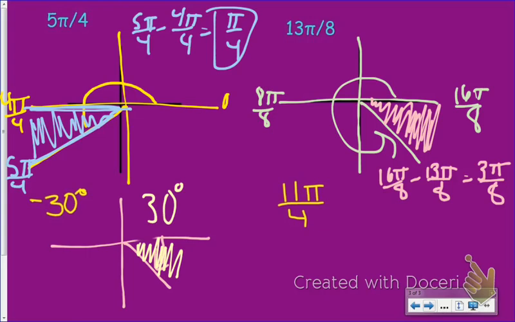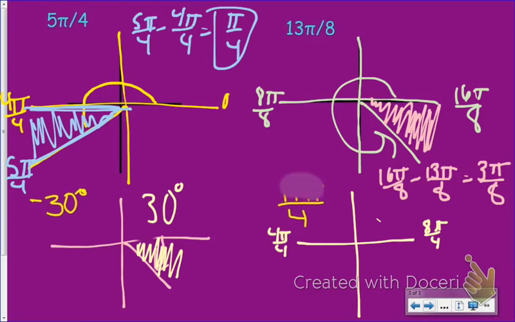Finally, the last one I'm going to do is 11 pi over 4. So I'm going to, again, figure out which quadrant that's in. So if I went to 1 pi, that would be 4 pi over 4. And if I went all the way around to 2 pi, that would be 8 pi over 4. And you guys can see that one of the first things we're going to have to do here is find a coterminal angle, because 11 pi over 4 is more than one full circle, which is 2 pi.